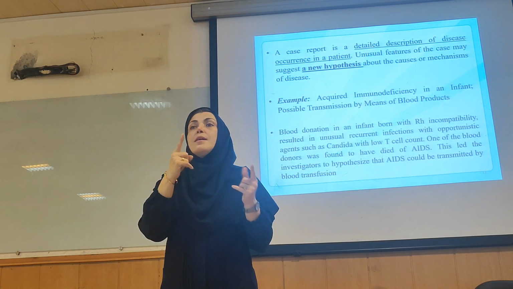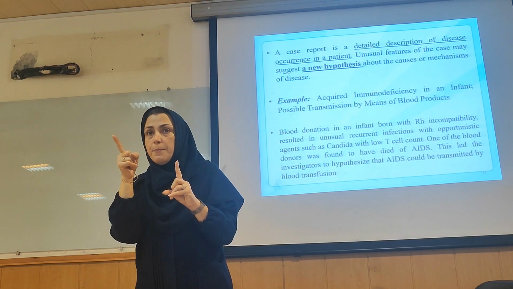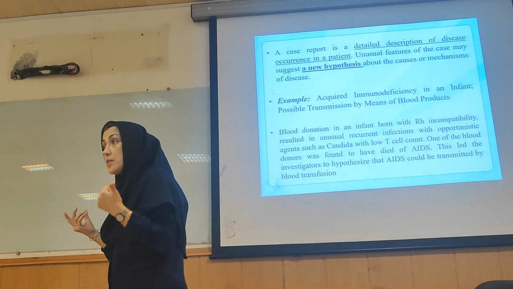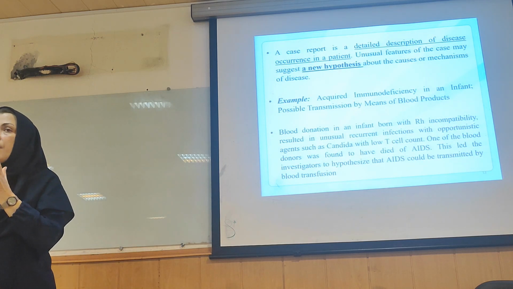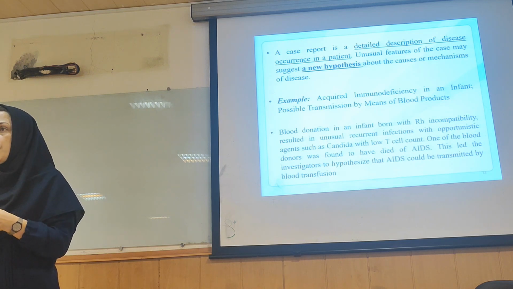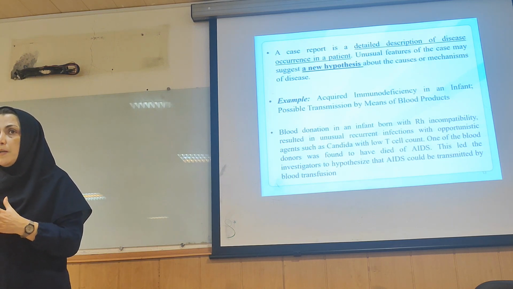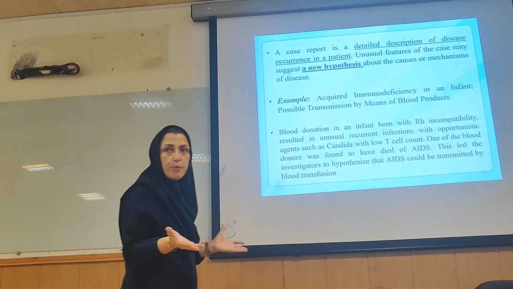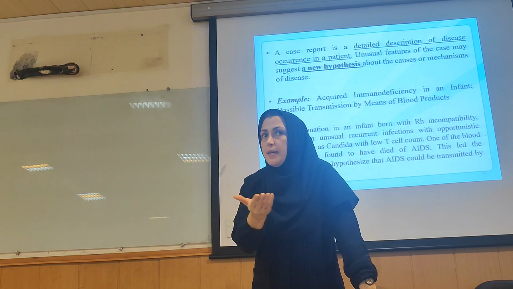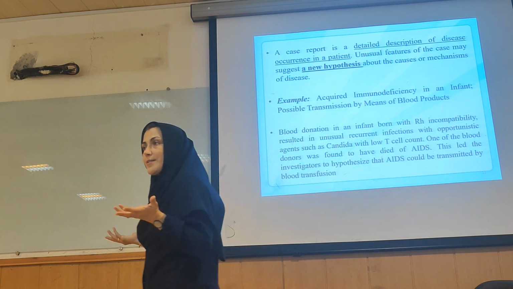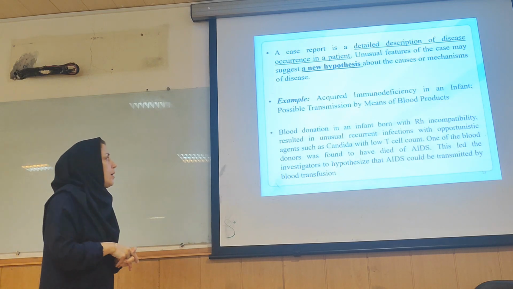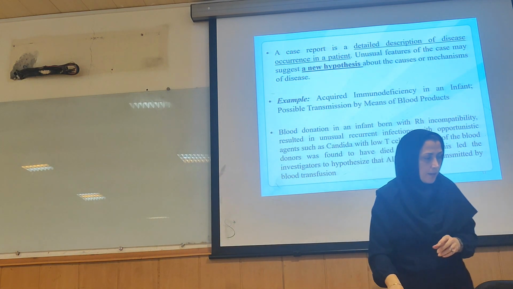They thought that because of blood donation, he received HIV. He was infected by HIV. So the other route of HIV transmission was diagnosed as blood transfusion. Okay? Is it clear? It is a kind of case report. If the case was not reported, the hypothesis could not be raised.